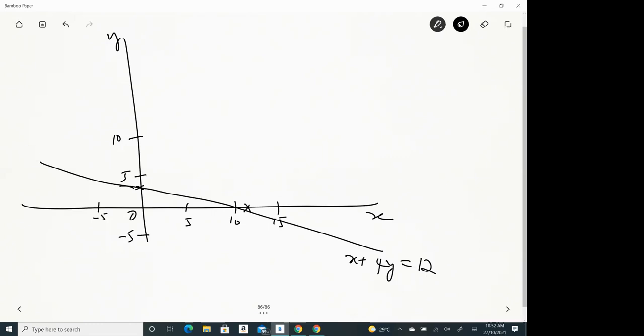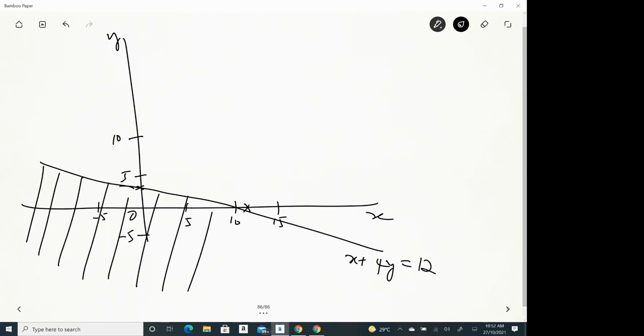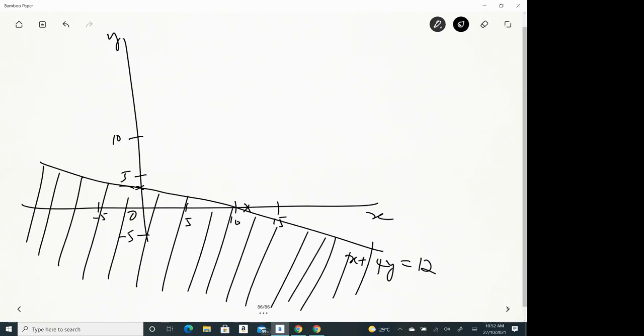We want less than, up or down? Down. You test 0, 0, you get 0, which is less than 12. So this would be our inequality. You label that x plus 4y less than or equal to 12.